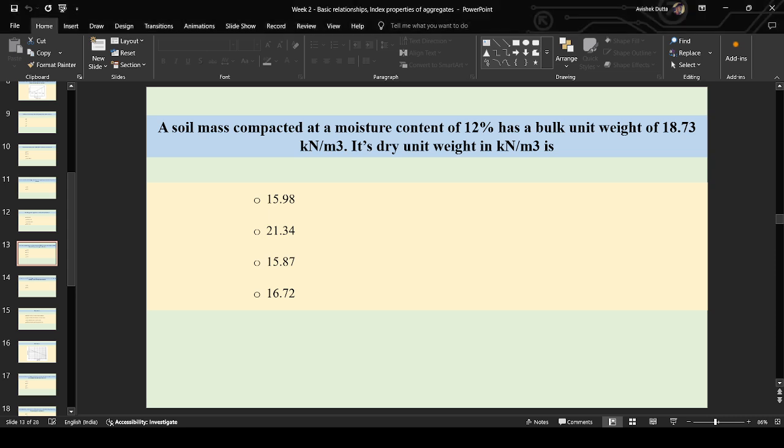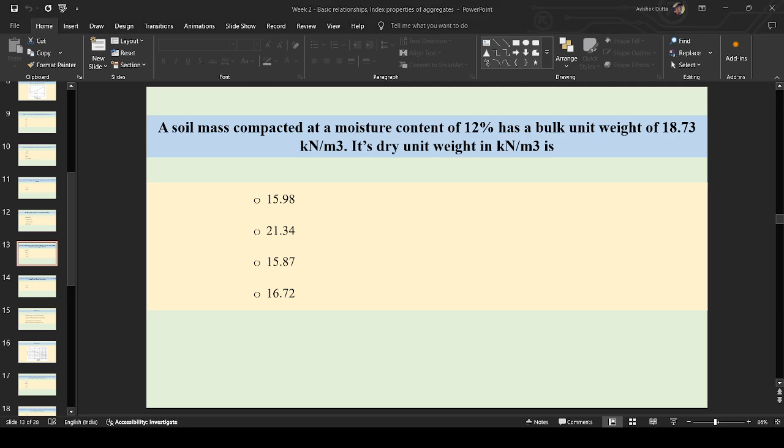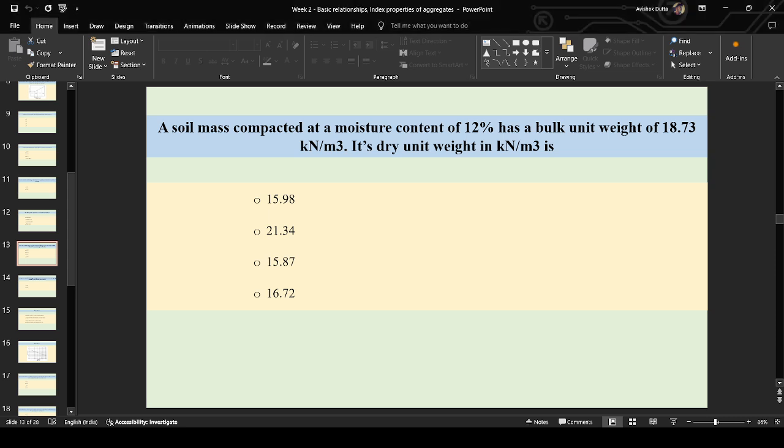Its dry unit weight in kilonewton per meter cube is, the options are 15.98, 21.34, 15.87, or 16.72.